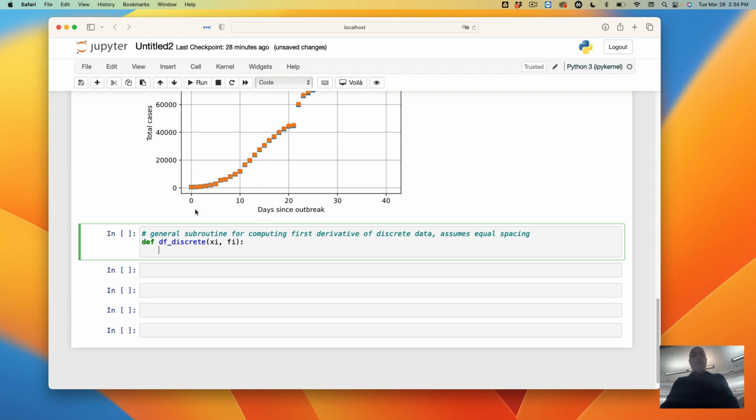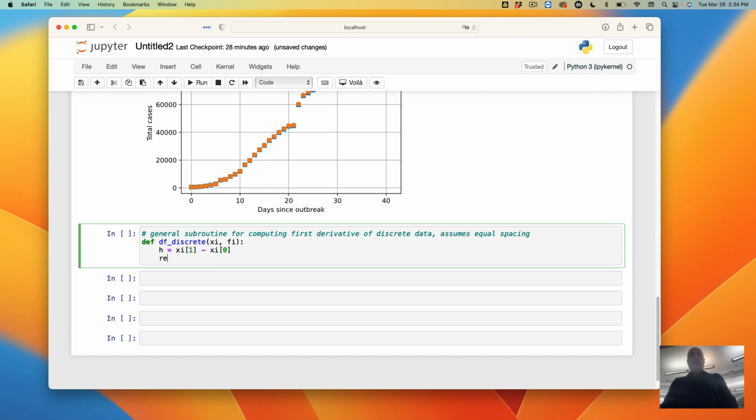All right, so first, for our spacing, let's call it h, it's xi. If it's equal spacing, then you can take the difference between any 2 points. You're going to take the first and second point, and then for the result, I'm going to store all of those derivatives in a NumPy array.